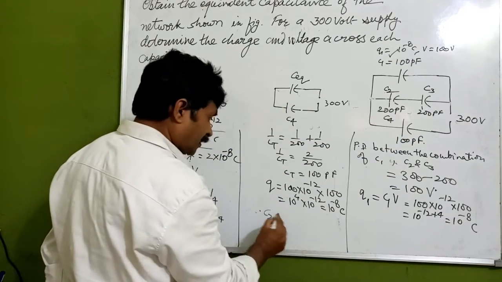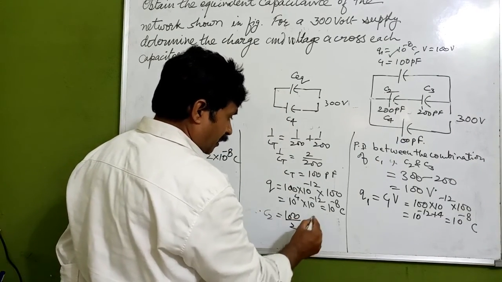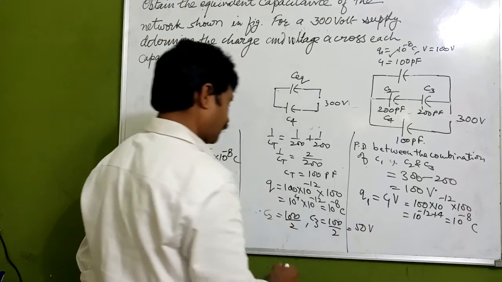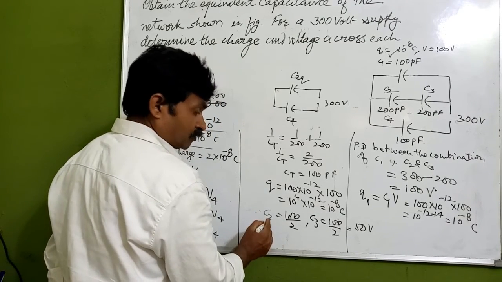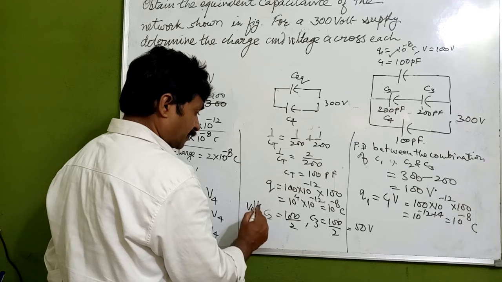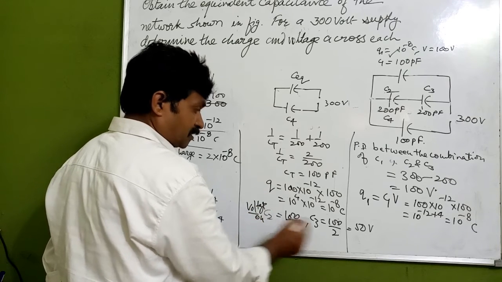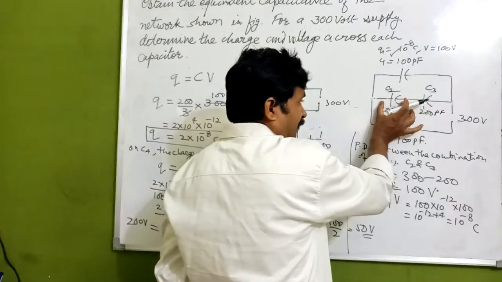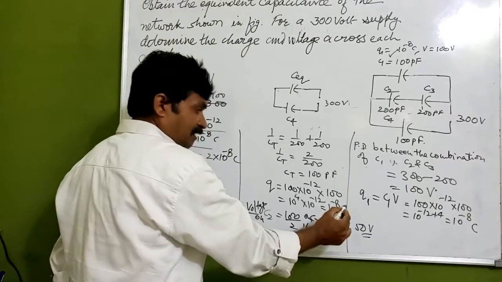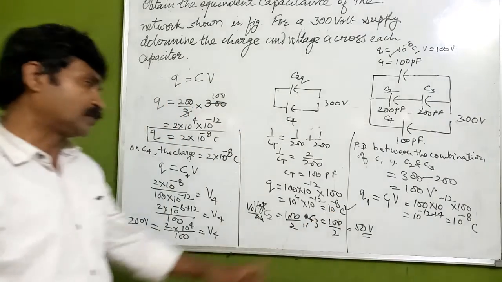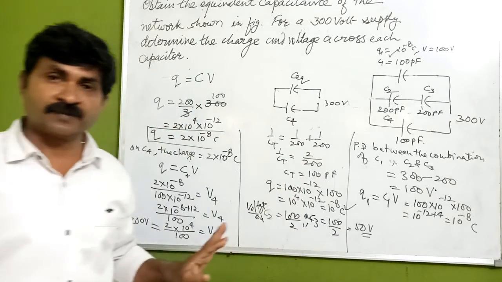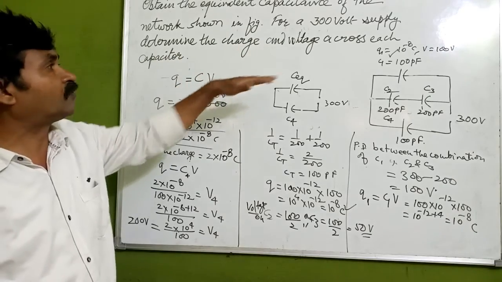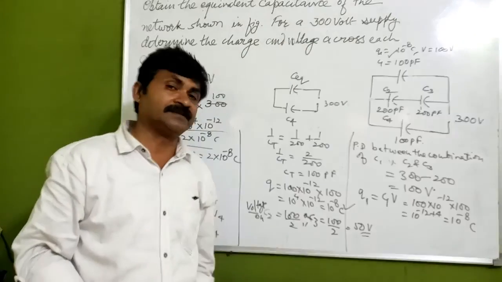C2 will have 100 upon 2 and C3 will also have 100 upon 2, which is 50 volt. So C2 has 50 volt and C3 has 50 volt, and the charge Q is 10 raised to the power minus 8 coulomb. So we have determined the charge and voltage across each capacitor.